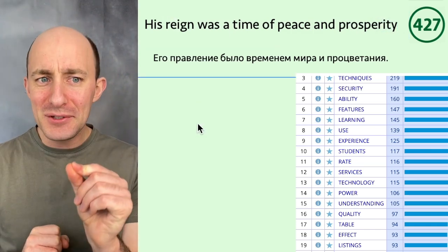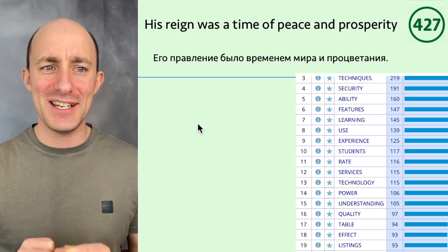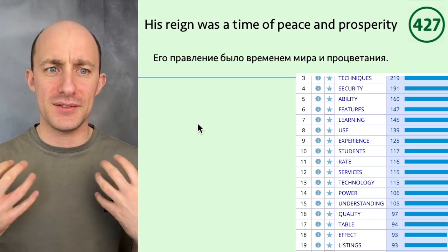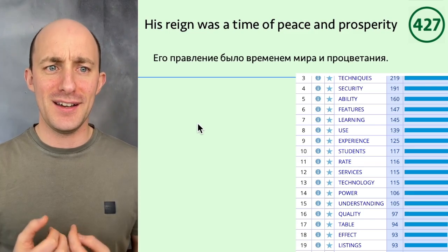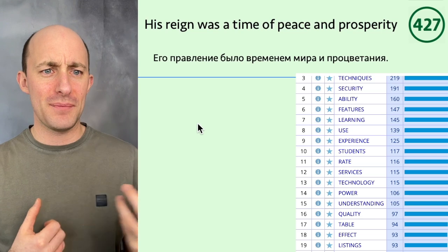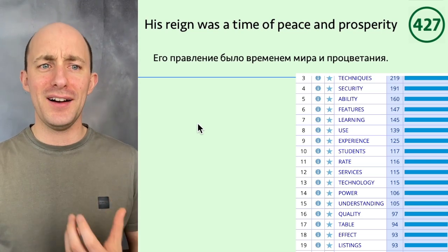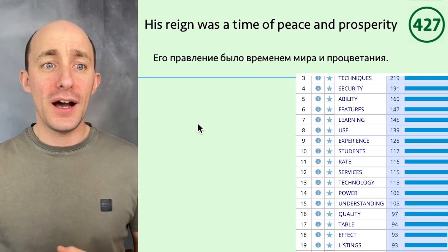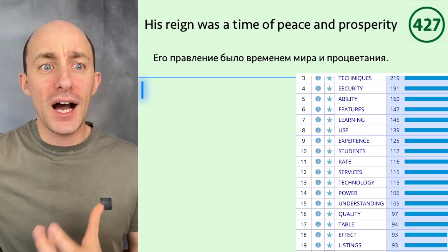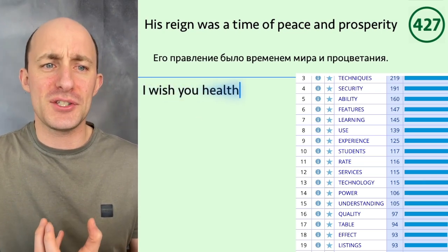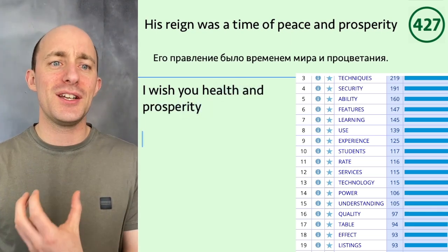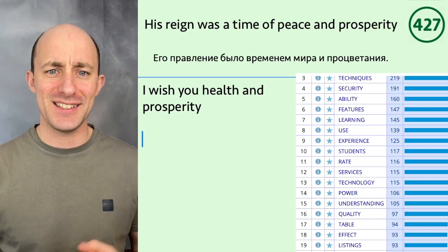Good. The computer understood in the end. I didn't have to change it manually. Процветание, prosperity. I know Russians love to wish people things. Я желаю вам удачи, успеха, процветания. I wish you health and prosperity is a nice wish for somebody. In all that you do, I wish you to prosper. Процветать.